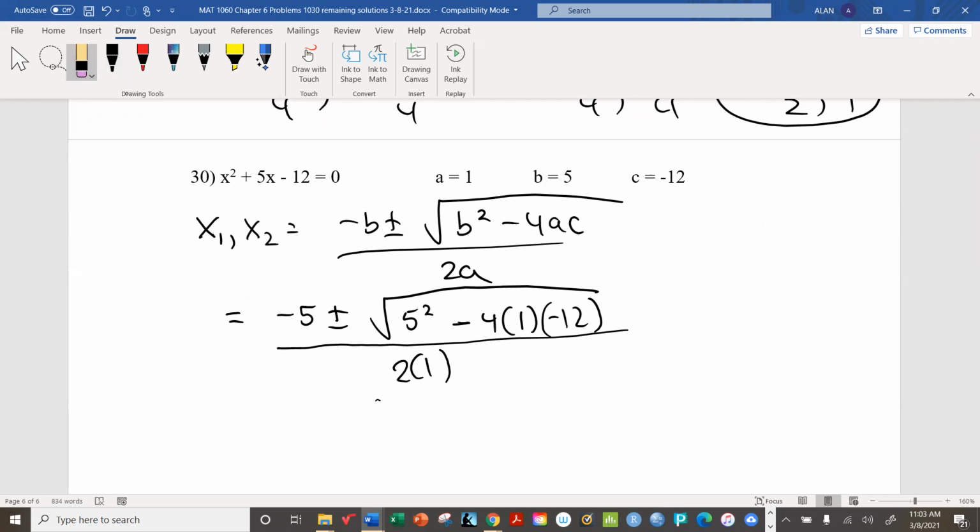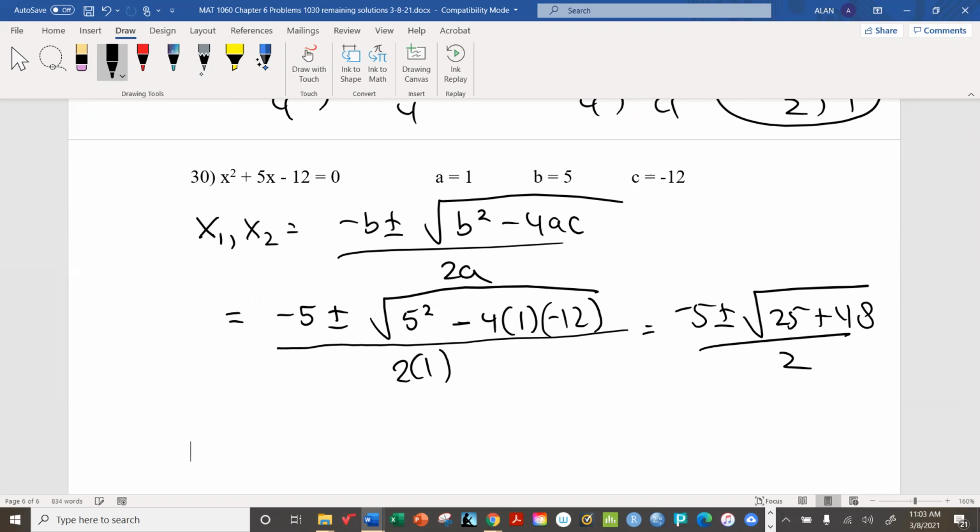Okay. All right, here we go. Minus 5. So under the square root sign, we have 25 plus 48 over 2.